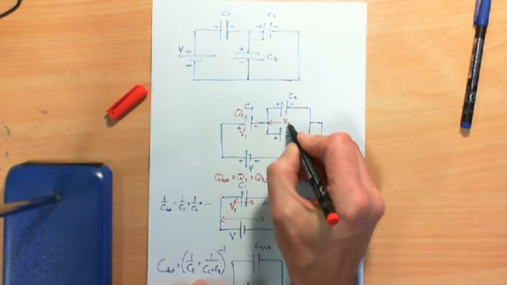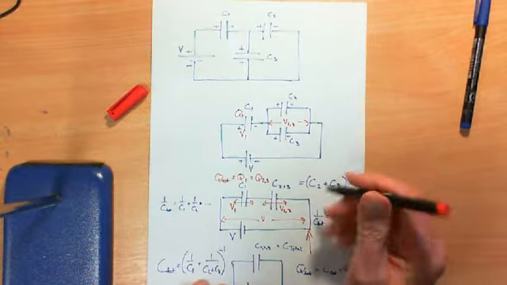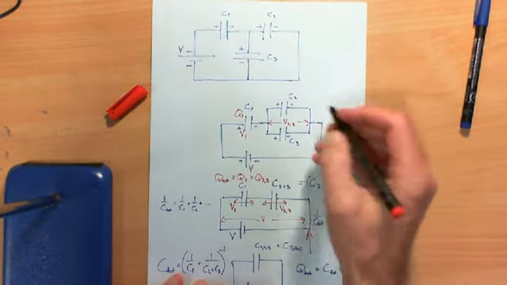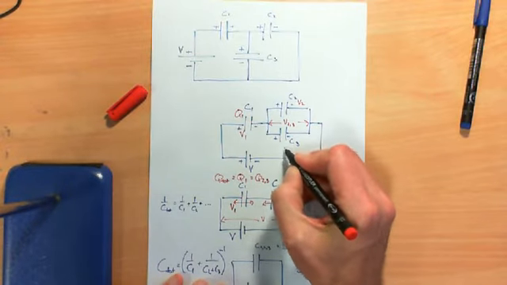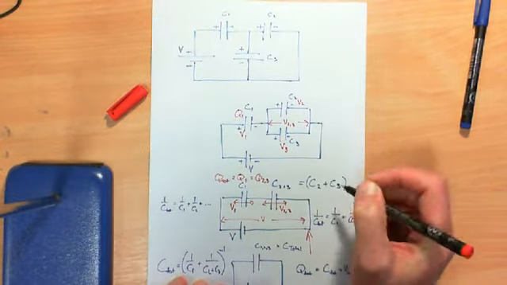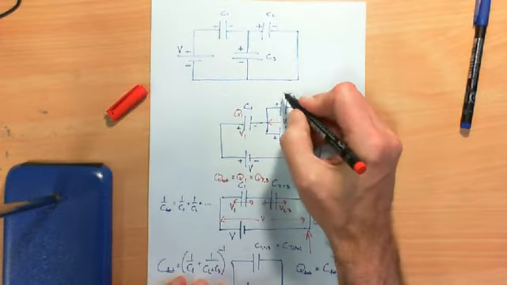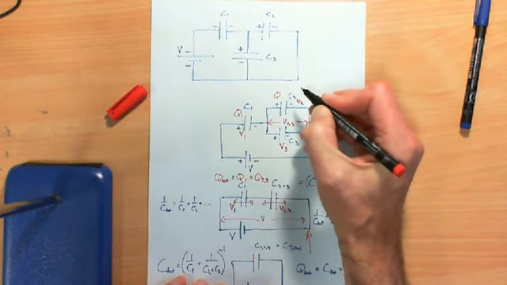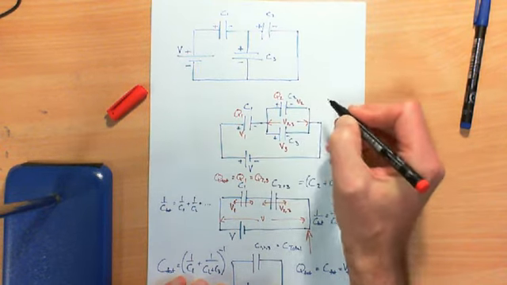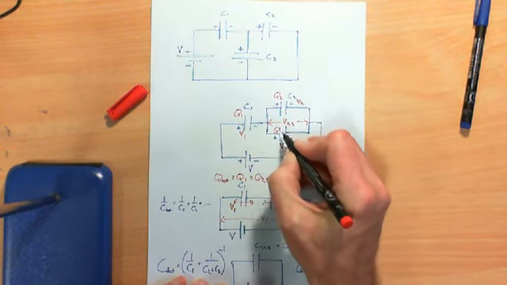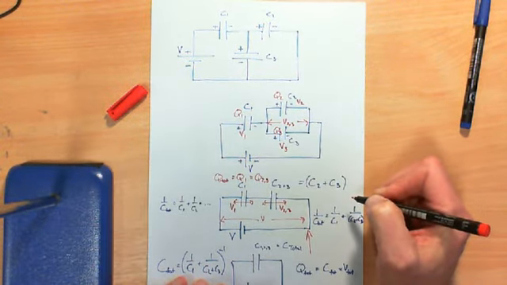But remember what we said about potential difference across parallel capacitors, it's the same. So V23 is equal to V2, which is equal to V3. So I know the potential difference across these, and if I know the capacitance, again I could work out exactly what charge I've got on the capacitor. This would be Q2, wouldn't it? And I could work out, for example, the charge on Q3.